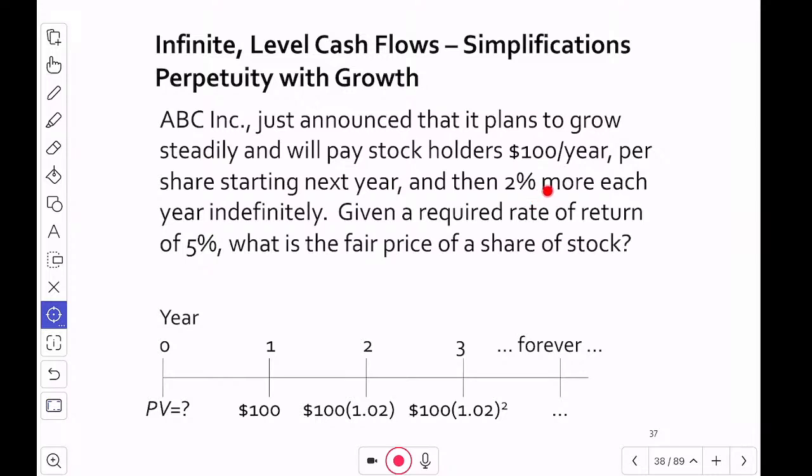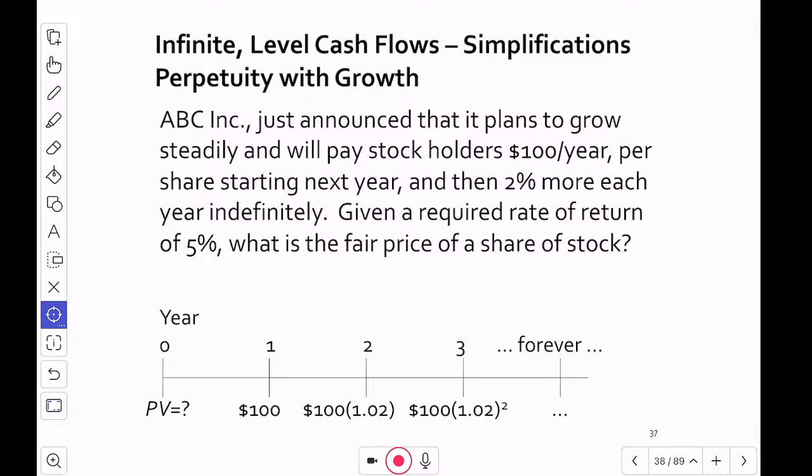In terms of revenues, that's going to be paid out as a 2% increase in dividends to stockholders.